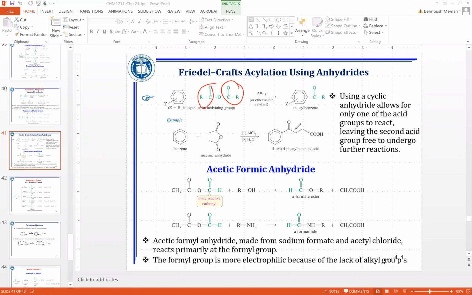So if you have a cyclic anhydride, only one of them would react and add to the benzene ring, and the other one would stay as the carboxylic acid.